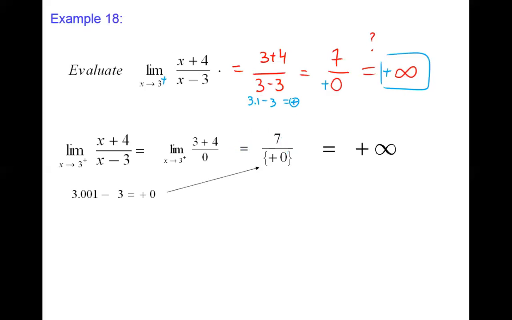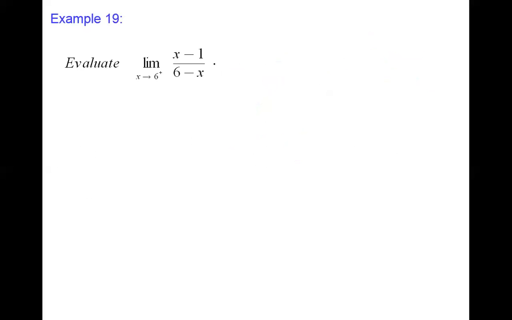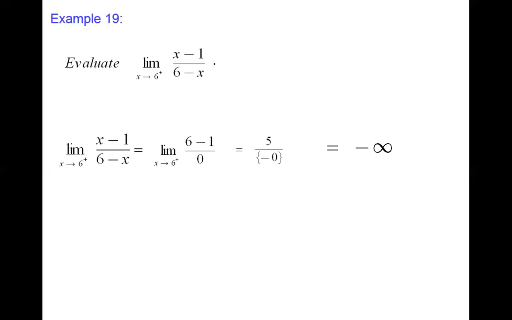Please remember that's the next type. Okay, x minus 1 over 6 minus x, and the limit is at 6. 6 is not in the domain, but we have to find a limit on the right-hand side. I will substitute 6. 6 minus 6 is 0. That means my answer will be 5 over, but let's check that sign.